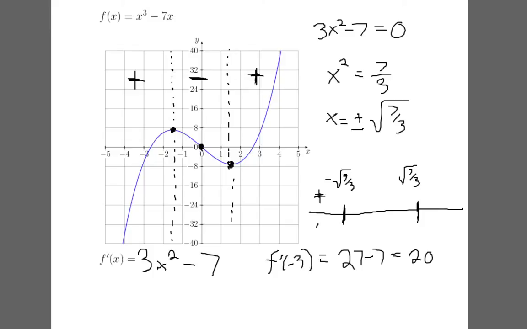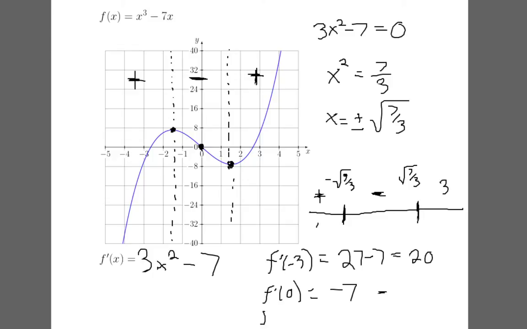All right, a pretty easy point to choose in between these is 0. Plug 0 into our equation for the derivative. So we'd have f prime of 0. That's just 0 minus 7, so we get minus 7, that's negative. So anything in between these two values is negative. Anything greater than root 7 over 3, we'll just choose 3.